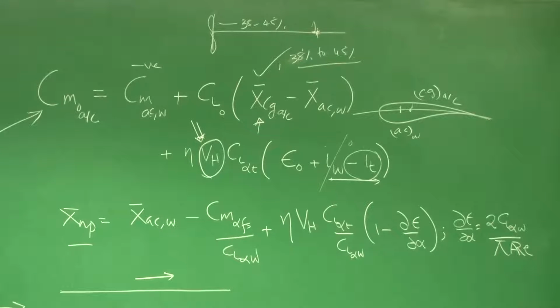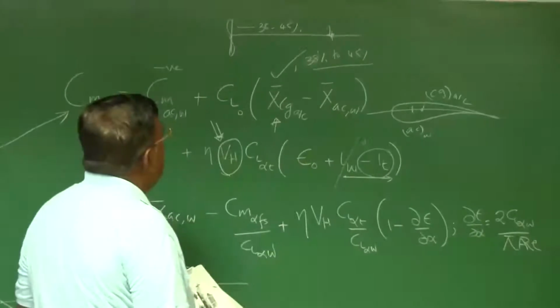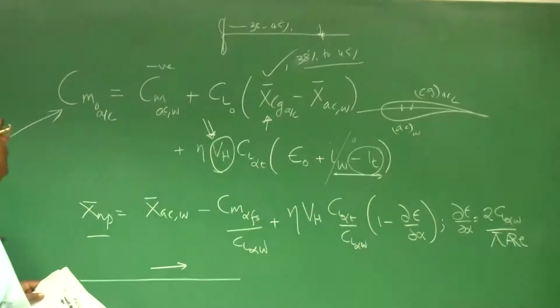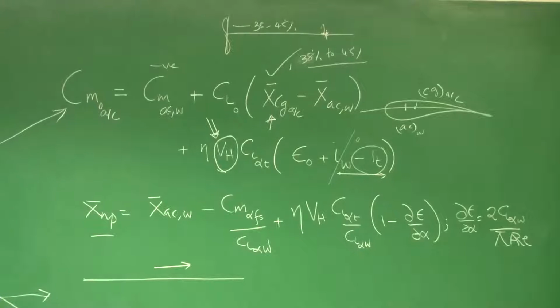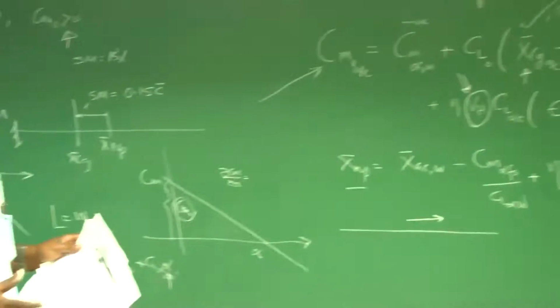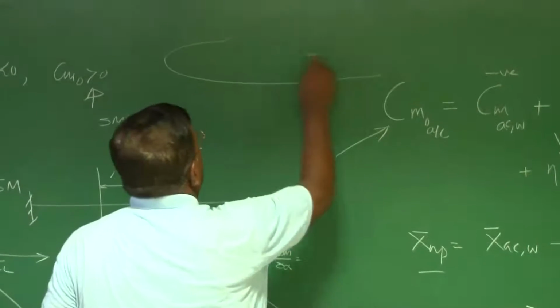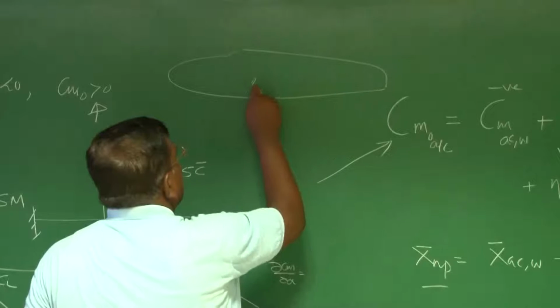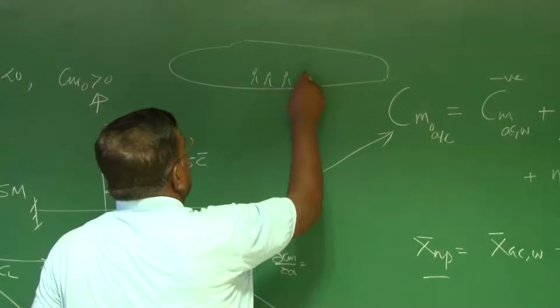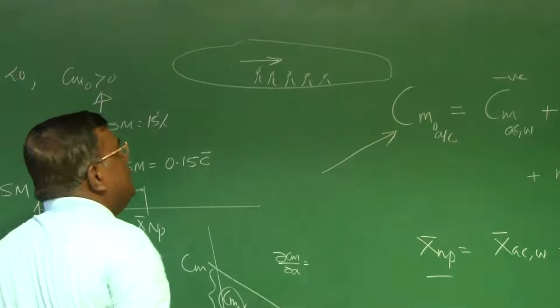Just to give an example, as I was talking about CG, the CG of the aircraft will depend upon the type of payload or passenger configuration you have. If you see aircraft where the passengers are sitting here, like your Airbus, Boeing, all those, there is a tendency of CG going backward, right?